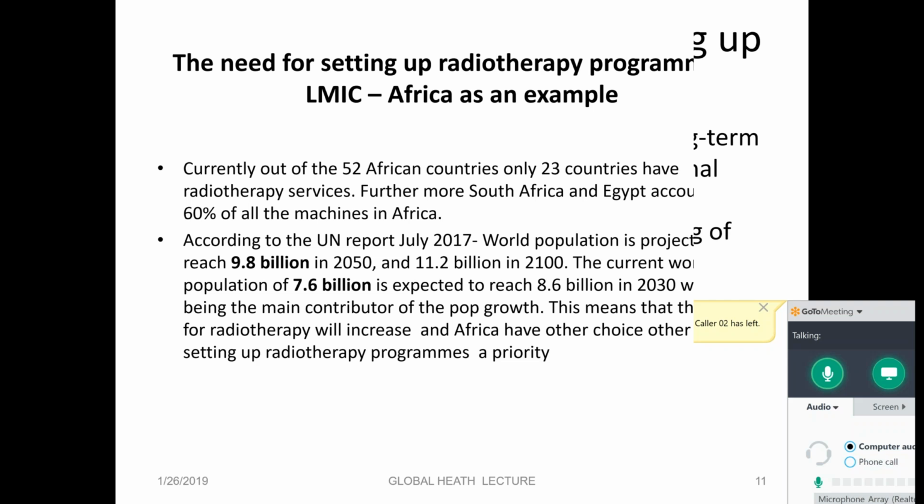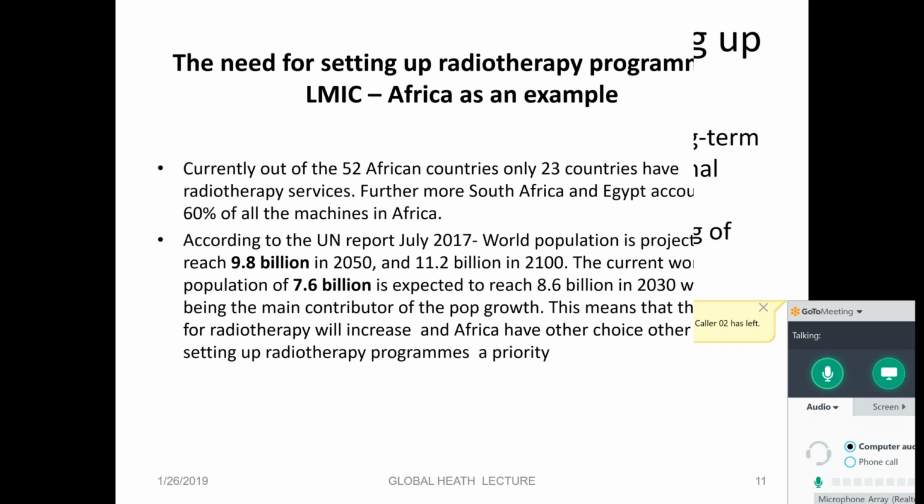We had no buildings suitable for installing radiation machines, so we started from scratch. We had to see how we could get the political will and political commitment, and also make a justification for the government to invest in radiotherapy.